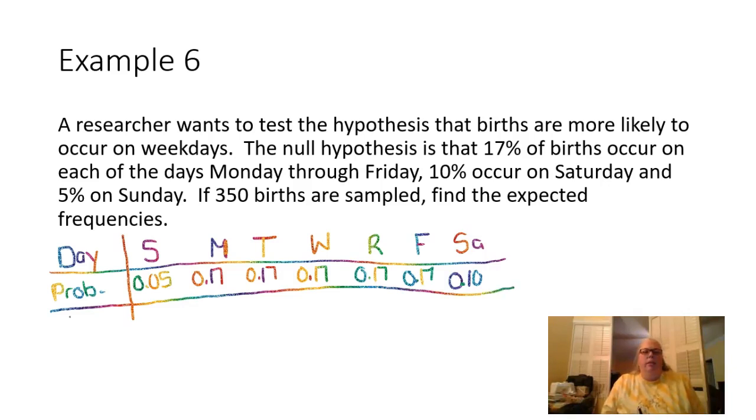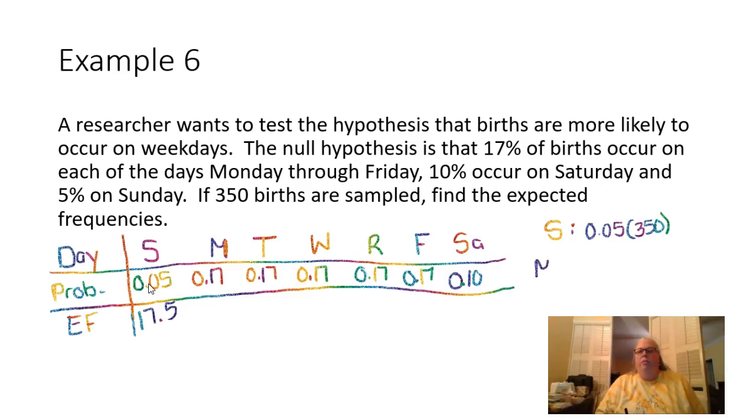All right, and on our last row here, we're going to compute the expected frequencies. And remember, all we want to do is multiply each of the different probabilities times n. So for Sunday, that's going to be 0.05 times 350, and that's going to give me 17.5.